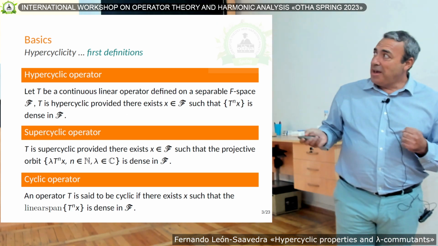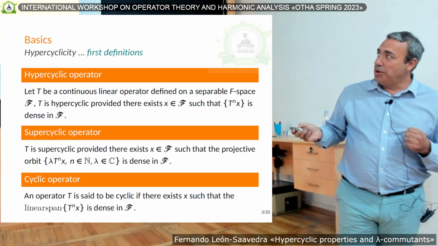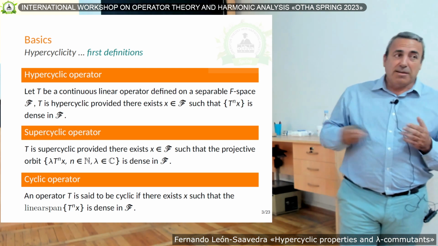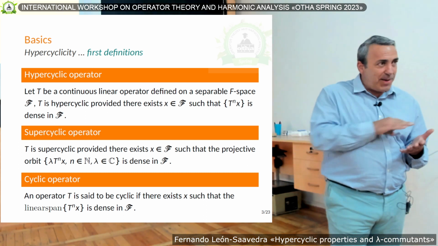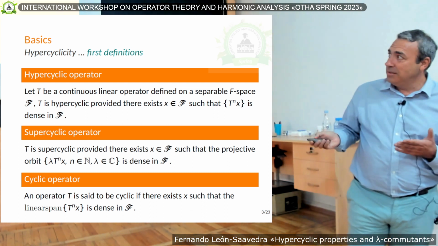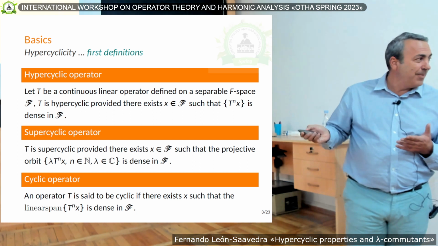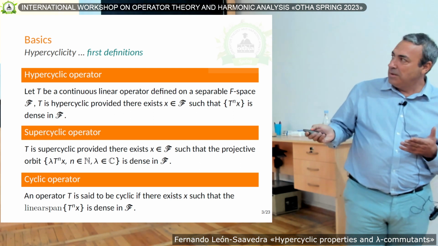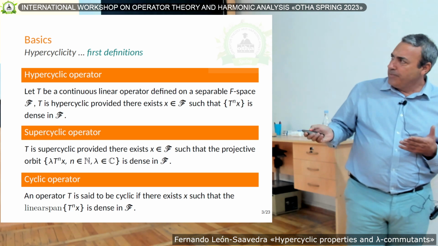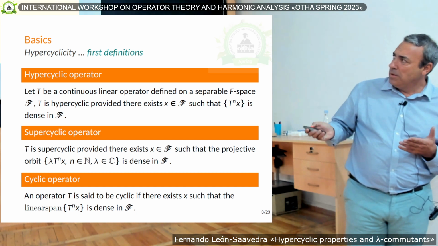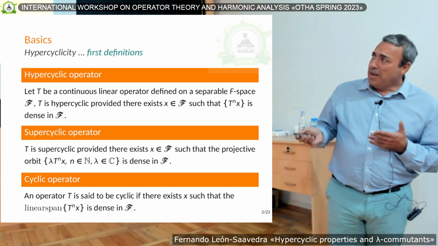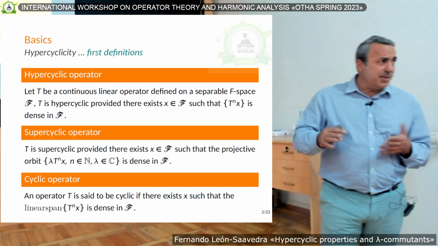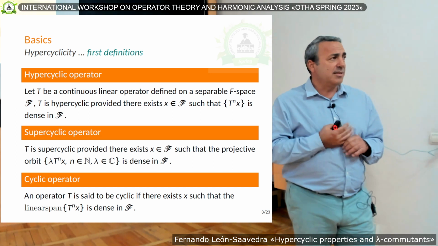And if the orbit is not dense, and multiplying by a scalar is not dense, but with the help of the linear span the orbit is dense, then the operator is cyclic.